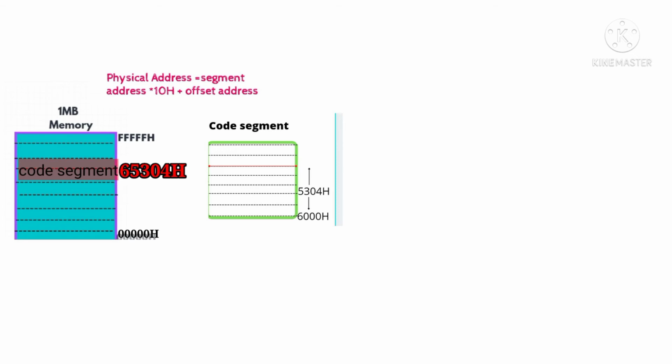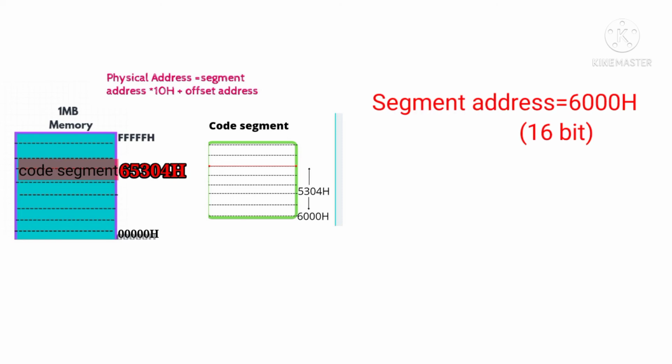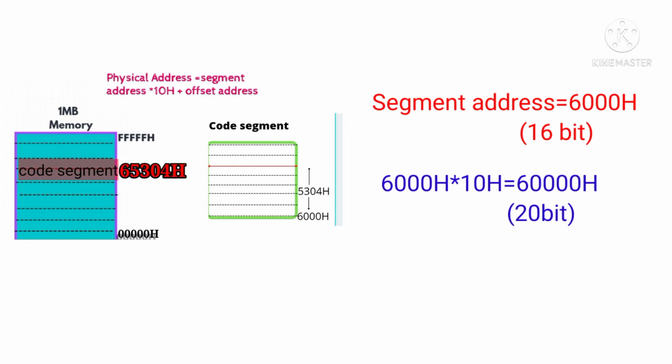firstly, we will take this segment address, that is starting address of that segment. It is a 16-bit number. So we have to convert it into 20-bit by multiplying it with 10H. Hope you are familiar with the hex to binary conversion. So here our segment address is 6000H into 10H means 60,000H.